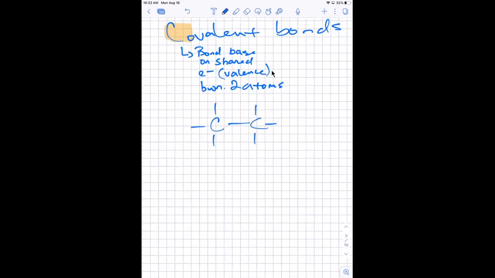I want to write it in Lewis form, and then we'll gravitate towards using more skeletal forms later. This is a representation of ethane, which has 2 carbons in it. So for the bond between, I'm only going to focus on the carbon-carbon bond.